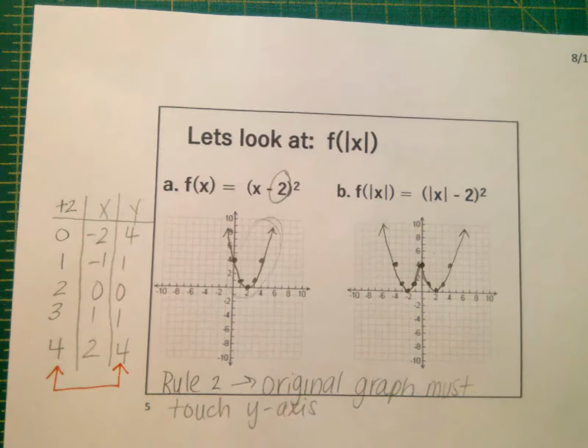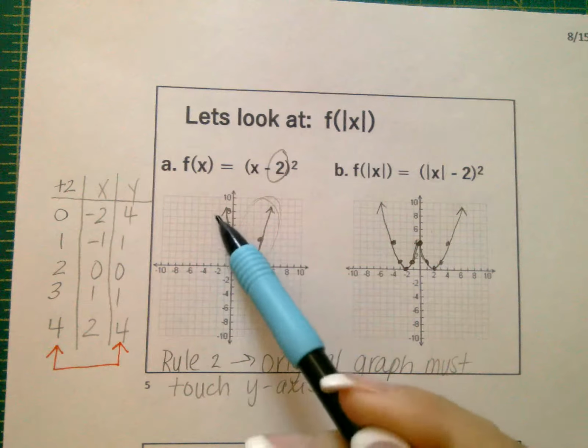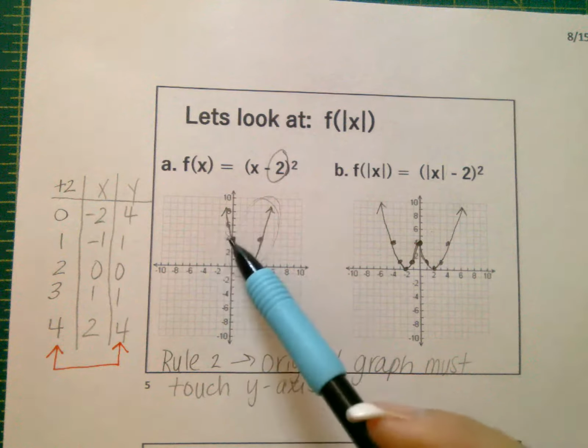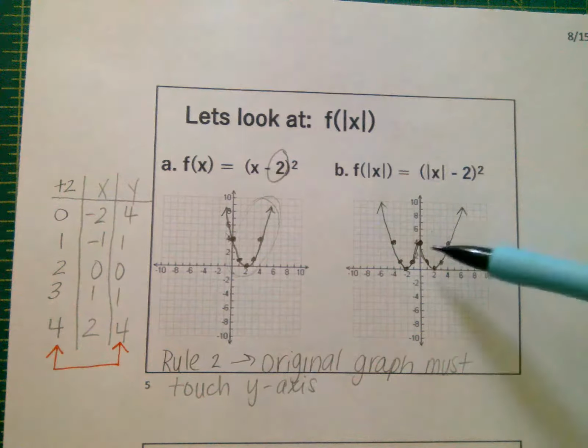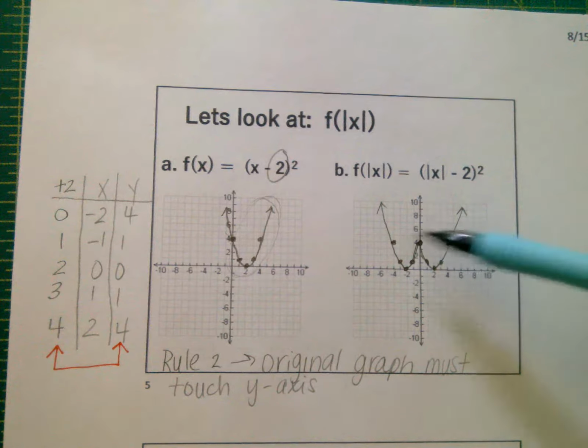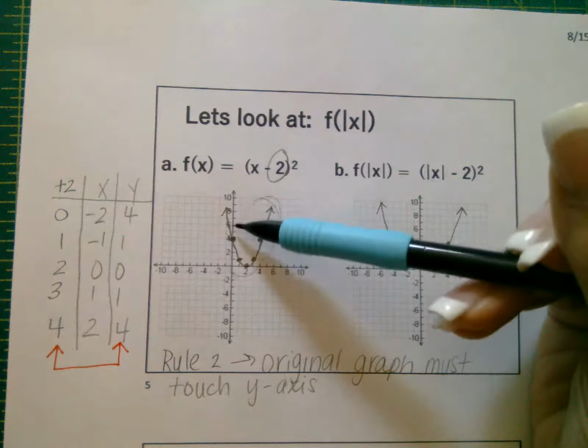You want to make sure that your graph goes far enough onto the y and even past it so that you know where that middle meeting point is that you're reflecting over and what portion of the graph you are doing away with.